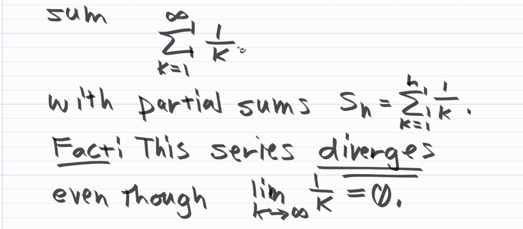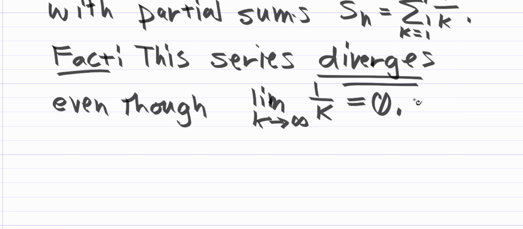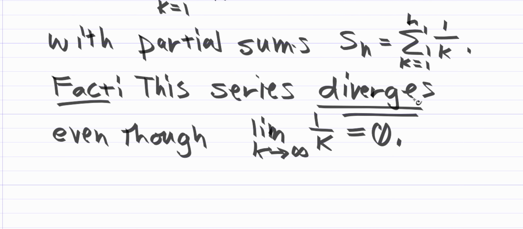Just because these terms are going to 0 doesn't mean my sum is going to work out in the long run. That's the important caveat. So now let's go ahead and try and justify why these partial sums will fail.